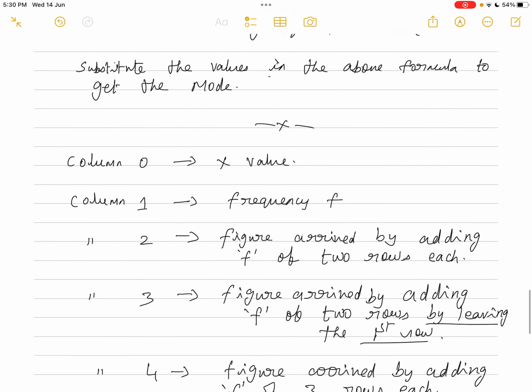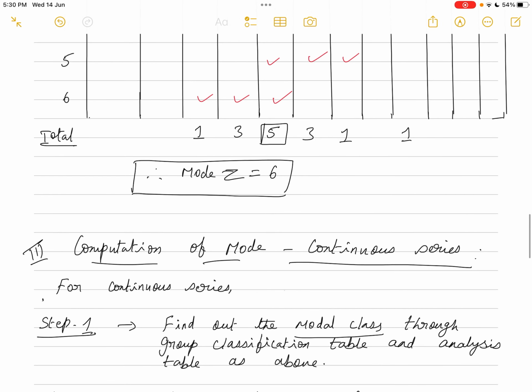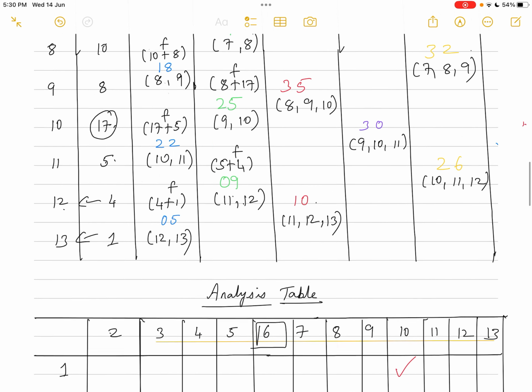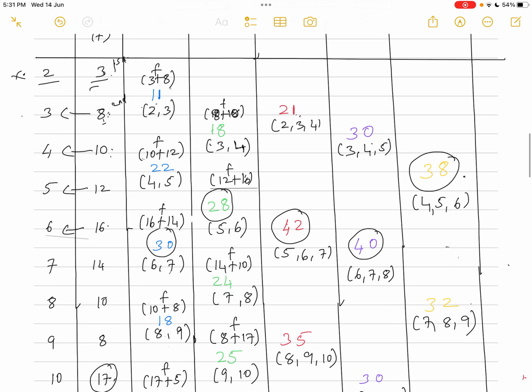Then write in the table. After writing the table, the next step is to mark the highest frequency in each of the columns, starting from column 1, the frequency column. Circle the highest value.